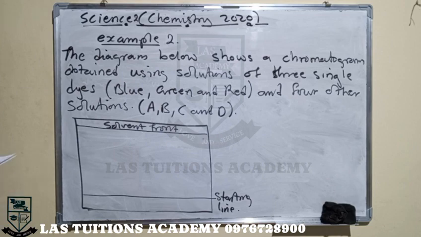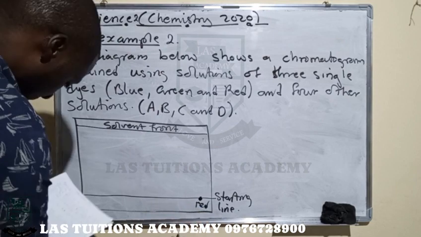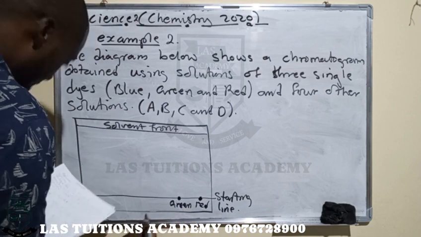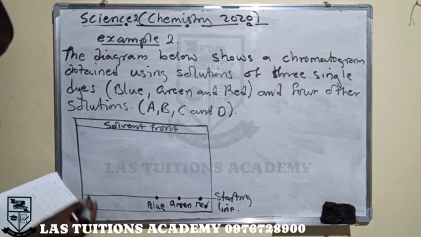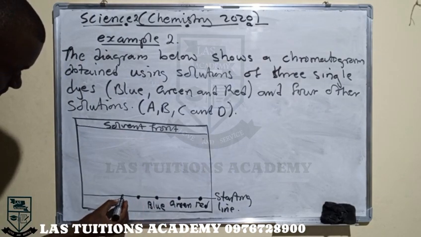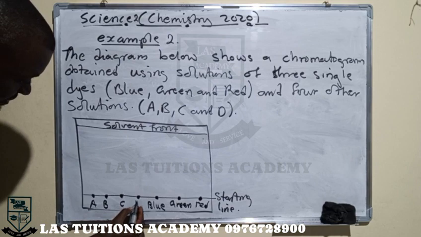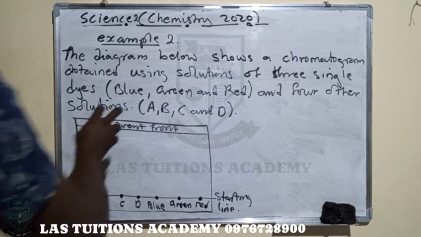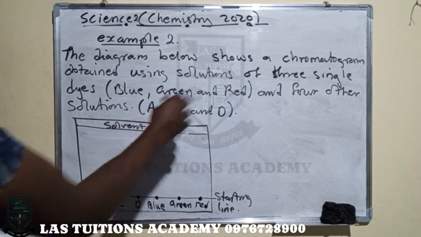So we have red here, we have green, and we have blue here, and we have A, B, C, D. So we have those other colored dyes. Okay, 4 other solutions, A, B, C, and D.